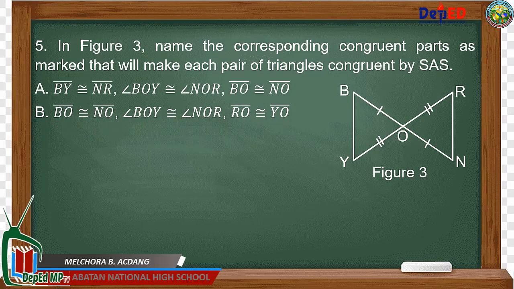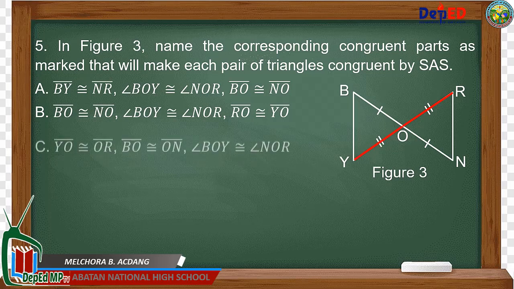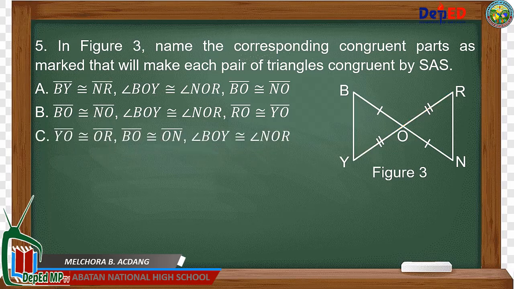Letter B, line segment BO is congruent to line segment NO. Angle BOY is congruent to angle NOR, and line segment RO is congruent to line segment YO. Letter C, line segment YO is congruent to line segment OR.